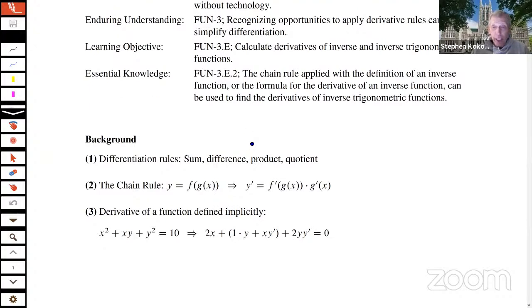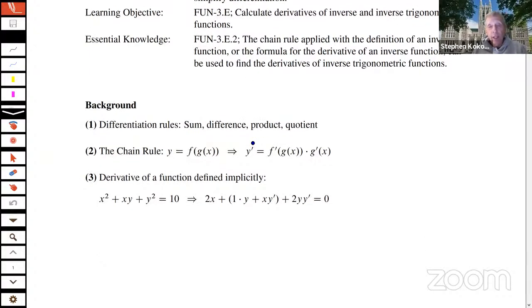And we're especially going to use the idea of finding the derivative of a function that is defined implicitly. So this is just an example. We think of y here as really a function of x. And so we take the derivative of both sides of this expression. When we take the derivative of this, we must think of that expression as a product, and so we need to use the product rule.